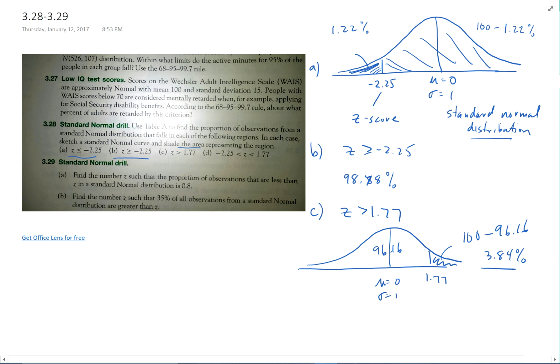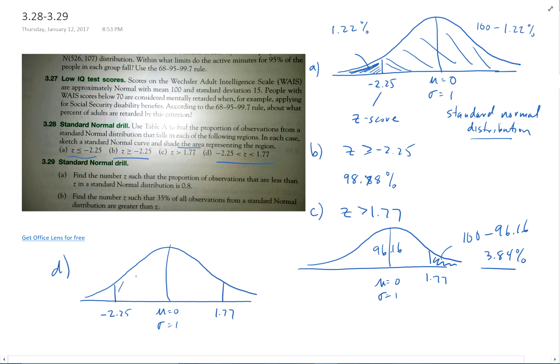All right. And then lastly, D asks for this. We're going to combine these, where the mean is 0, standard deviation is 1. We want the region between negative 2.25 and 1.77, because it asks for Z is between those two, so that's this region in here.